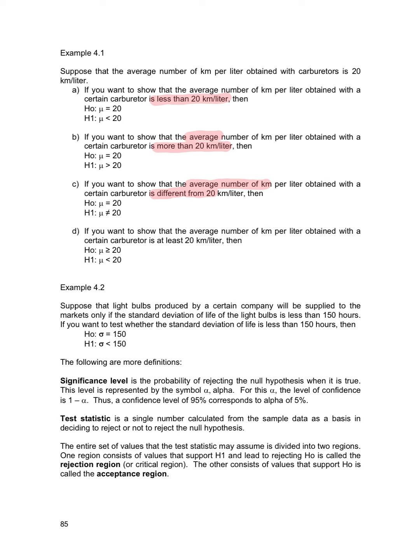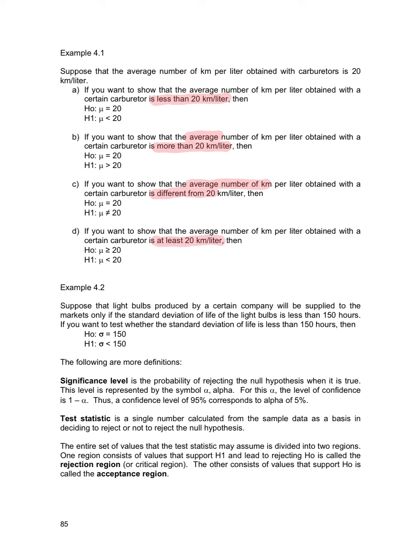Okay, D. If you want to show that the average number of kilometer per liter obtained with a certain carburetor is at least 20 kilometer per liter, then okay, yang ni okay, tadi saya kata H0 is always equal kan, tapi it depends. Kalau dia kata kat sini, dia nak test adakah mean dia at least 20 km per liter.